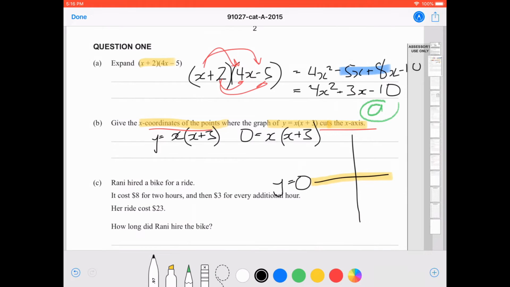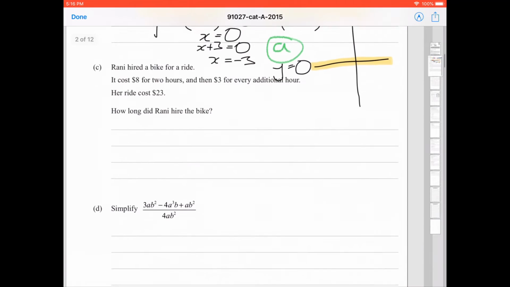And so that means x equals 0 is one solution, and our second solution, x plus 3 equals 0, and therefore x equals minus 3. Okay, so here you've solved both values, x equals 0 and x equals minus 3, will get you an achieved grade.